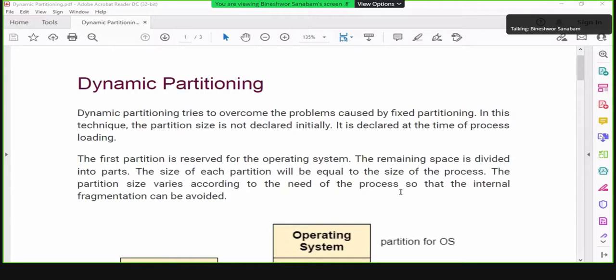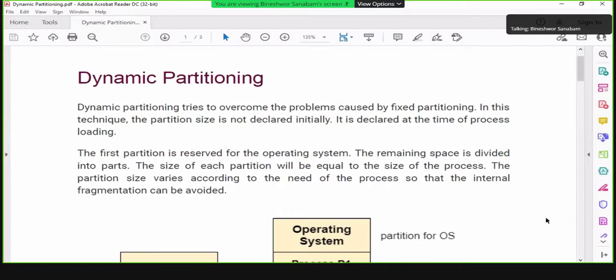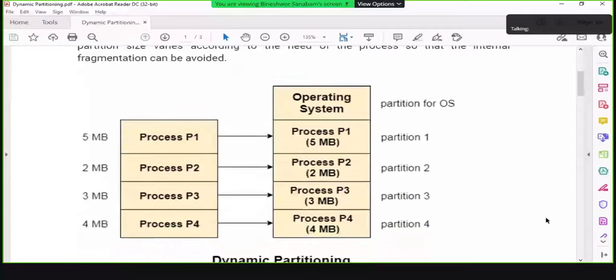When we use this technique of giving partitions dynamically, there will be no internal fragmentation. We just learned that internal fragmentation is wastage of memory in the partition. If we partition dynamically as per the process requirement, then there will be no internal fragmentation.